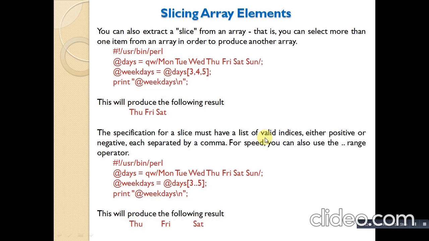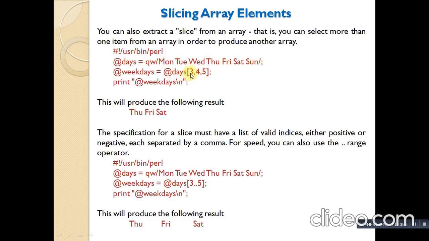Now slicing array elements. We can also extract a slice from an array. That is, you can select more than one item from an array in order to produce another array. For example, in this program I am taking out the slice 3, 4, 5 from the days. In the days we have all the days of the week.